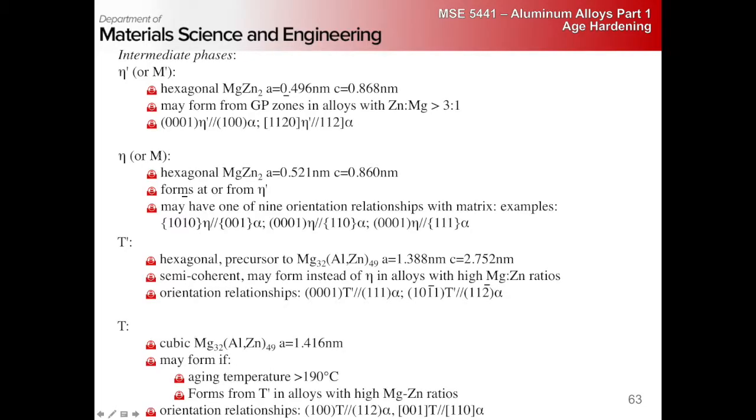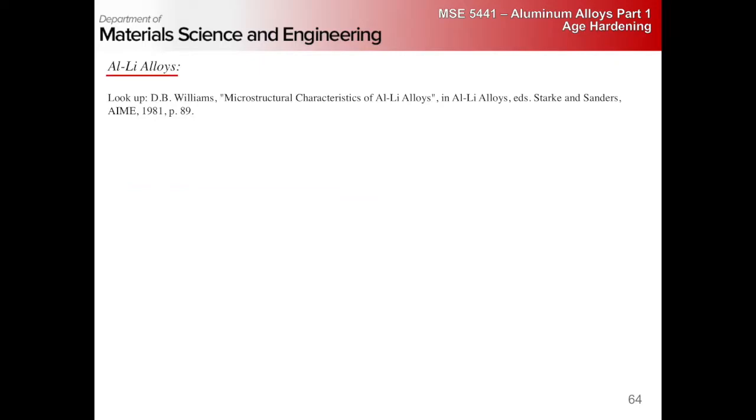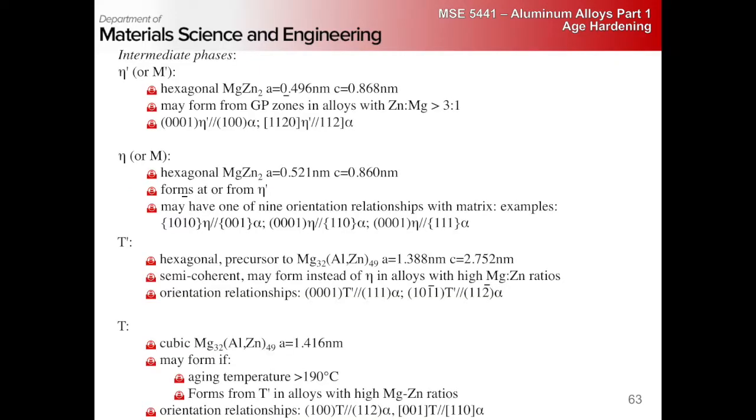We have the eta prime, eta, T prime, and T, and we go from FCC to hexagonal, hexagonal, hexagonal, back to cubic, cubic with a lattice parameter of 1.42. Remember, aluminum is 1.43, so we have a very small misfit in the thermodynamically stable phase, right?